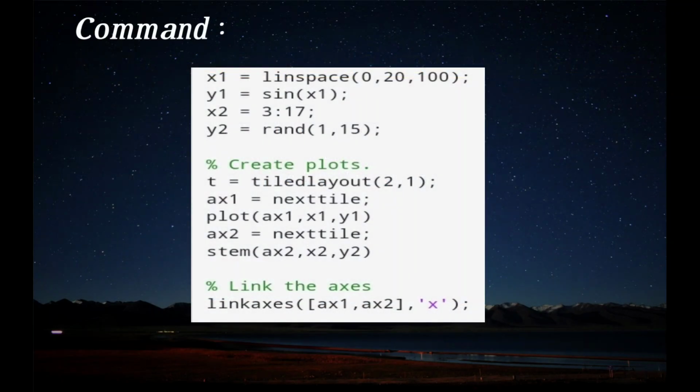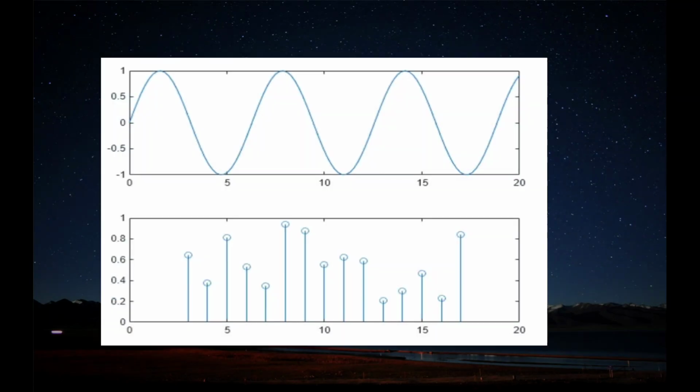Command: x1 = linspace(0,20,100); y1 = sin(x1); x2 = 3:17; y2 = rand(1,15). % Create plots; t = tiledlayout(2,1); ax1 = nexttile; plot(ax1,x1,y1); ax2 = nexttile; stem(ax2,x2,y2). % Link the axes; linkaxes([ax1 ax2],'x'). This shows the result.